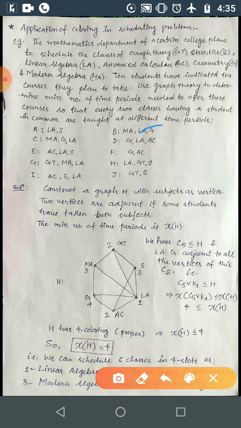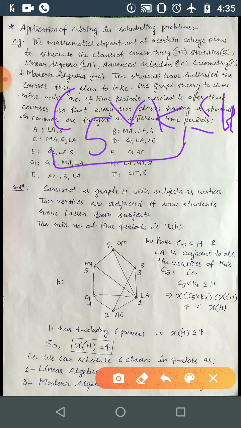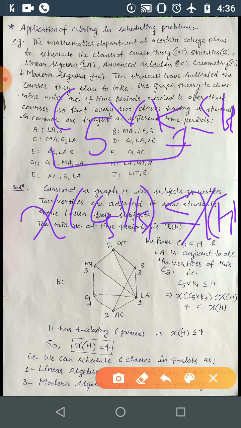So C5 joined with K1, where K1 represents this vertex linear algebra, is a subgraph of H, correct. If this is a subgraph, then the chromatic number of this one is less than or equal to that of H. So the chromatic number of this subgraph, C5 join K1, is less than or equal to the chromatic number of H. Correct.